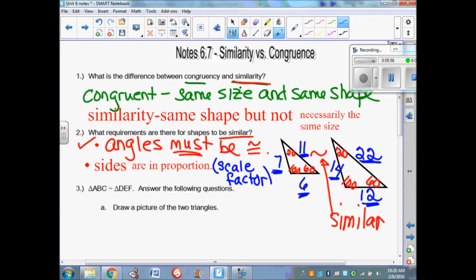So what is my scale factor in this case? How did I go from 6 to 12, and 7 to 14, and 11 to 22? Hopefully you're all saying, my goodness, Mrs. Swinton, you multiplied by 2. So that made the sides in proportion. Everything was multiplied by 2, all the sides. Angles have to be congruent, but the sides must have a scale factor.